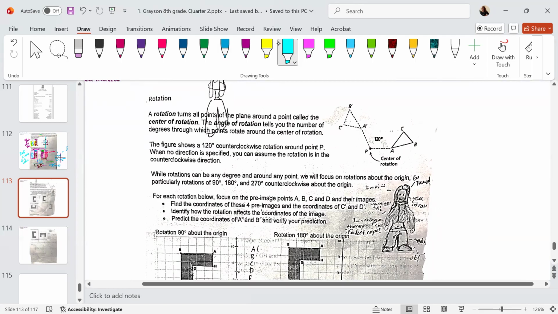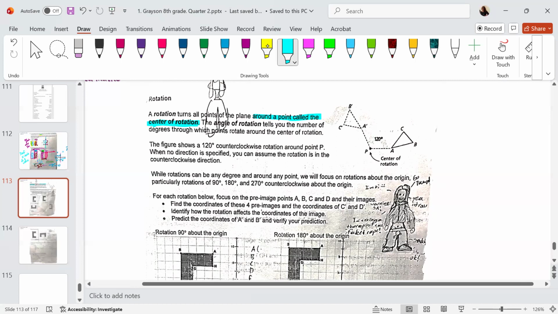All right, so rotation is harder because when you rotate something, before you just go, oh, I'll just rotate at 90 degrees, you have to rotate around a point called the center of rotation. Okay, so you need to highlight that. Go get your highlighter.